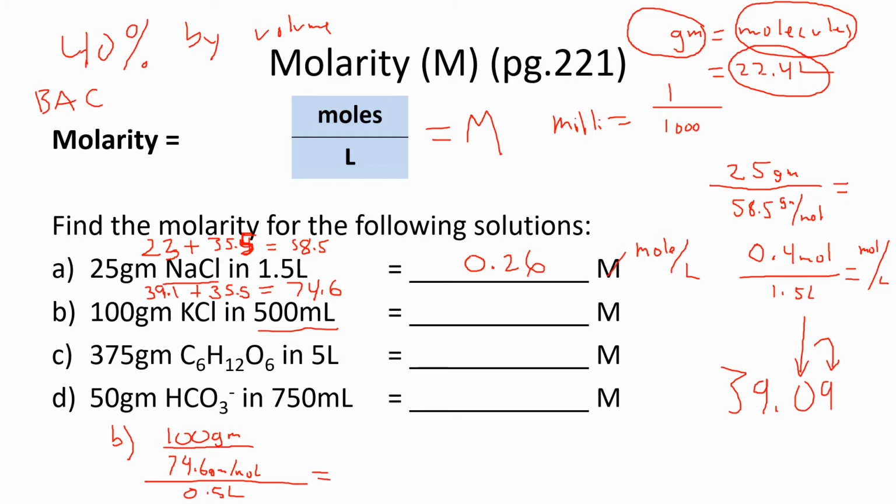So just do it all together: 100 divided by 74.6 divided by 0.5. That gives 2.68. Okay, sounds good. Here it doesn't tell you, but a couple of decimal places will help.